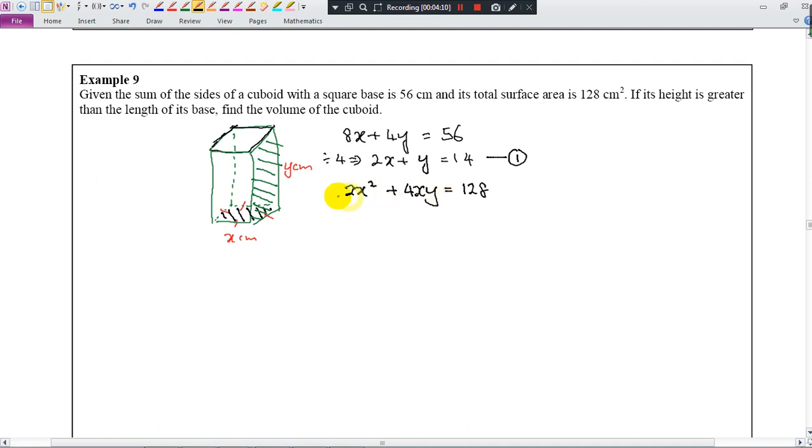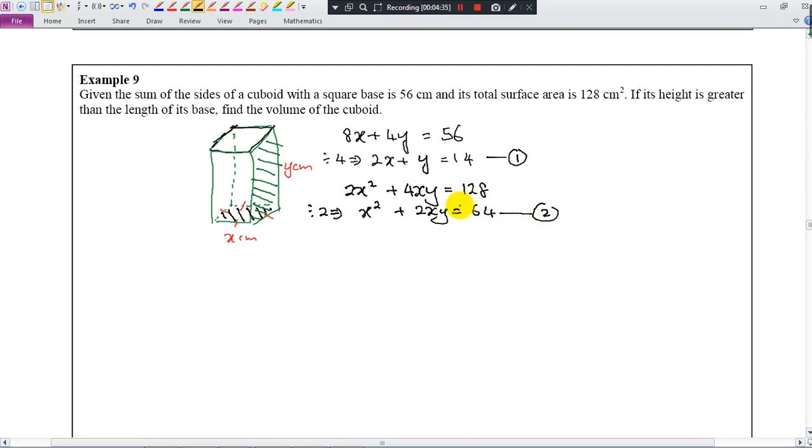Okay, same thing here. All the coefficients here can be divided by 2. So why not we divide this whole equation by 2, to make the numbers smaller, easier for us to solve. Okay, so this is the second equation: x squared plus 2xy is equal to 64.